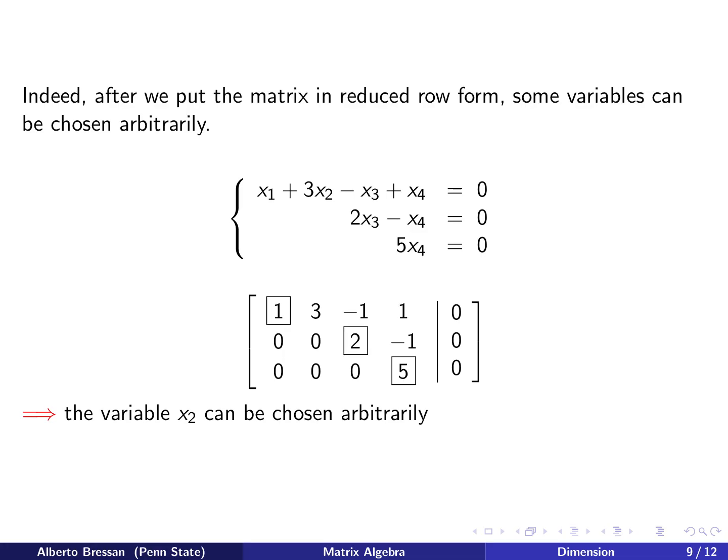They'll be uniquely determined. It could contain the arbitrary x2 in the solution, but it's contained in a determined way. So, for example, here you will have x4 must be 0, and then x3 must be 0, x2 is arbitrary, let's say it is c, and then x1 will be -3 times c, and that's your solution.